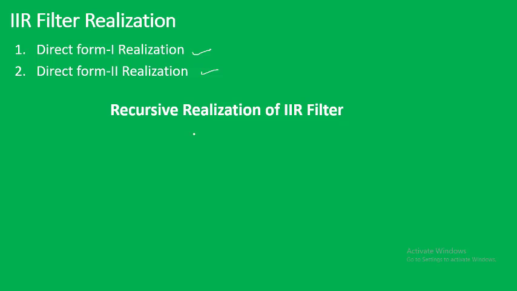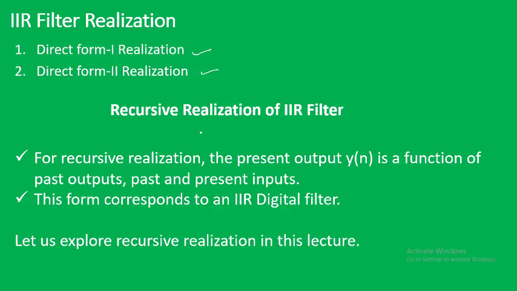Recursive realization of an IIR filter is possible if the current output, that is the present output y of n, is a function of past outputs, and past and present inputs. So y of n is a function of past outputs y of n minus N, and the current input x of n and past inputs x of n minus m.